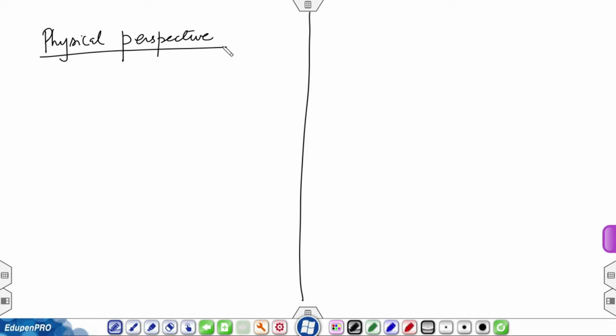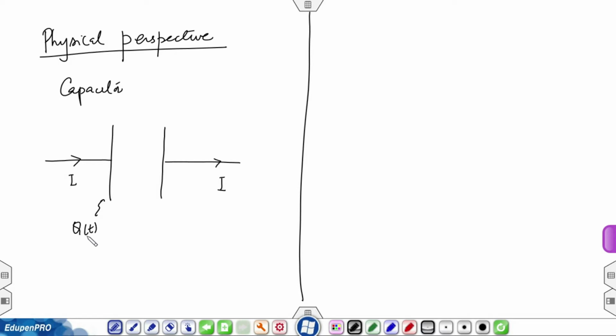Obviously, it will involve some mathematics. So, let us look at a capacitor, the simplest parallel plate capacitor, in which a current I is coming in and I is going out, so that there is a charge accumulation here. q is a function of t, such that dq by dt is equal to I. Let us now think of a magnetic field existing all around, right?